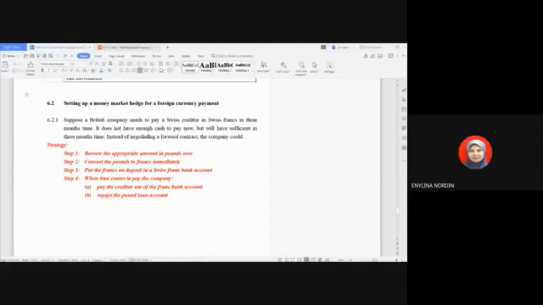So instead of using the forward contract, the company could set up a money market hedge strategy. The British company is going to make a payment in Swiss franc. First, this UK company will borrow the appropriate amount in pounds, and the amount borrowed must be equal to the present value of the amount payable.